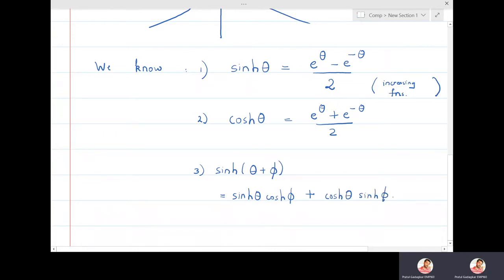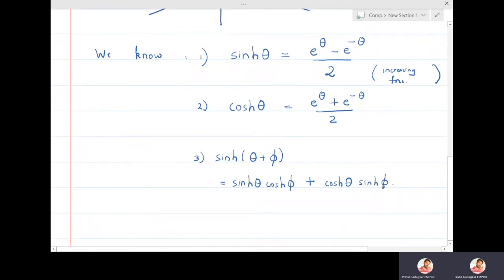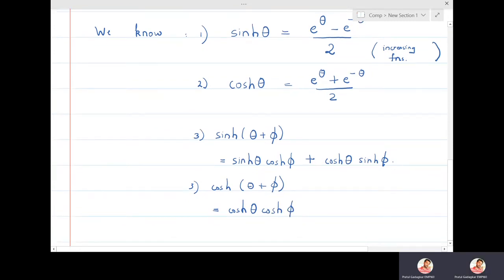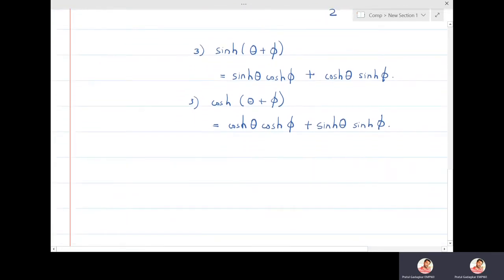And cos hyperbolic theta plus phi is equal to cos hyperbolic theta cos hyperbolic phi plus sine hyperbolic theta sine hyperbolic phi. We're going to need this.